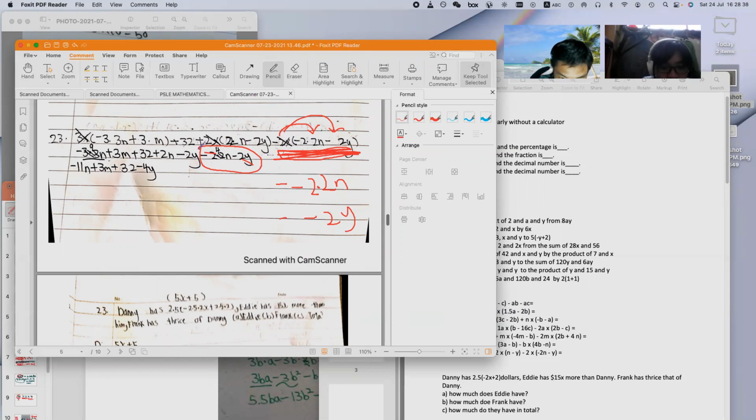Okay. Continue for this part. So your 2 is inside already. So I'm supposed to see plus 2n for the first arrow. For the second arrow, I'm supposed to see plus minus 2y. Where is your plus here? You skip the arrow. What did I say just now? You are not supposed to skip whether it's a plus or minus.